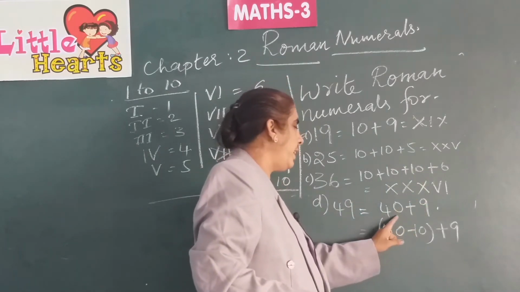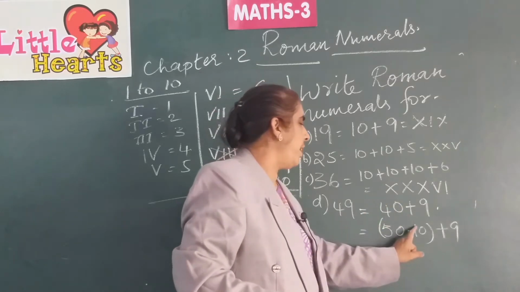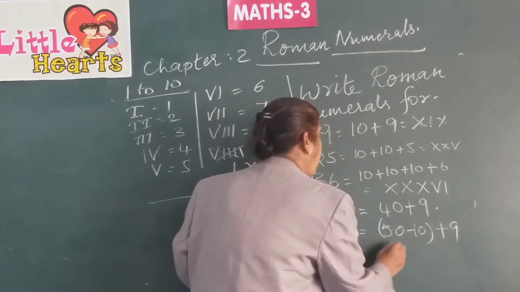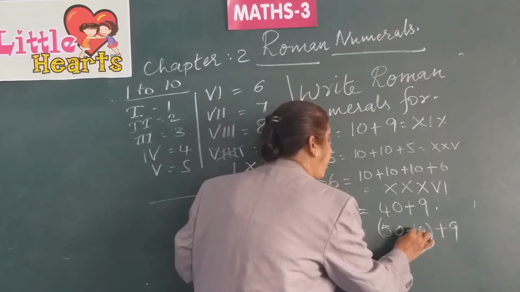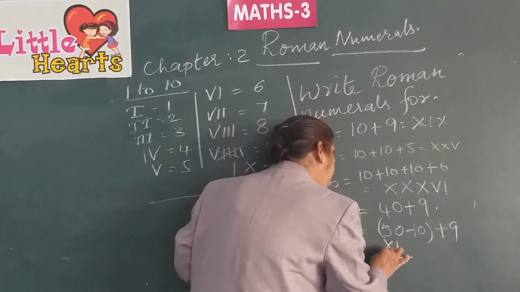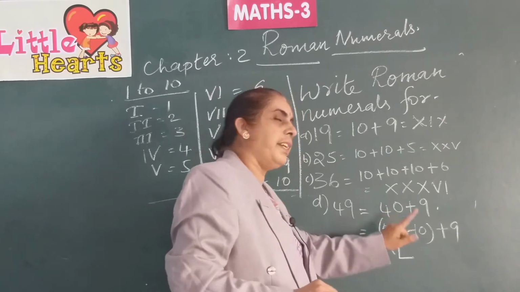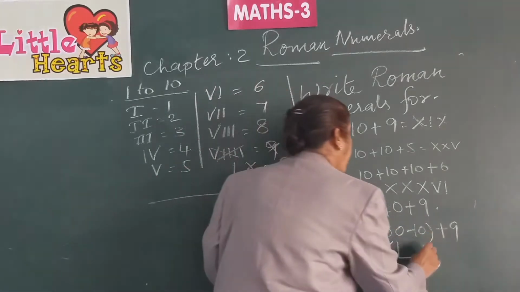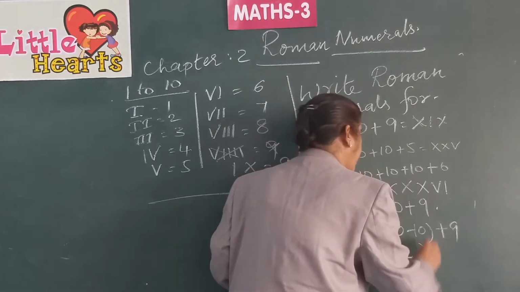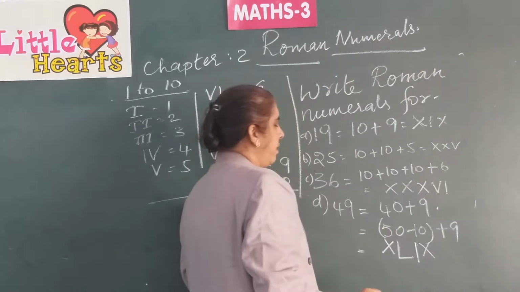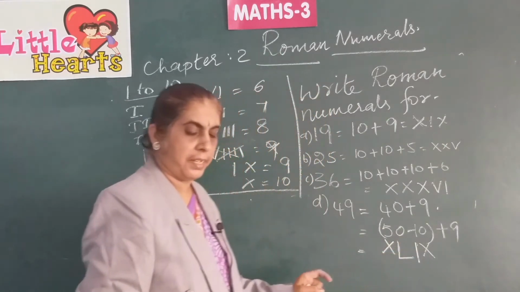So we have to write it as 50 minus 10. So 50 minus 10 plus 9. 50 is L. As 10 is subtracted from 50, we should write it to its left. If it is subtraction, to its left. If it is addition, to its right. So 9 is 10 minus 1. 10 is X, and I should be written to the left of 10. This is 49.